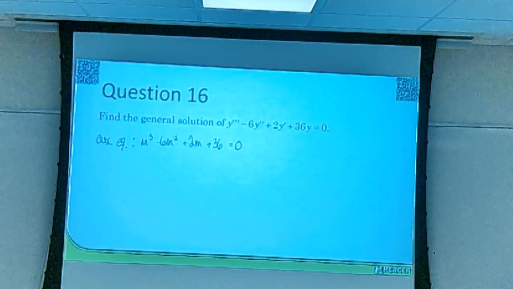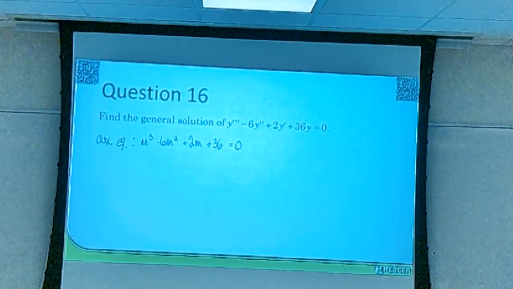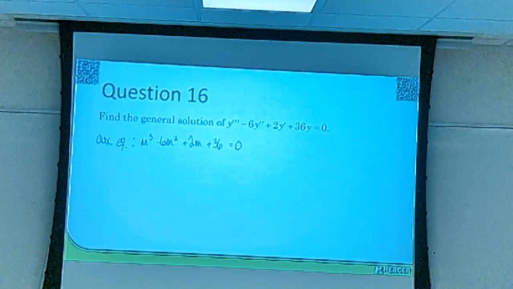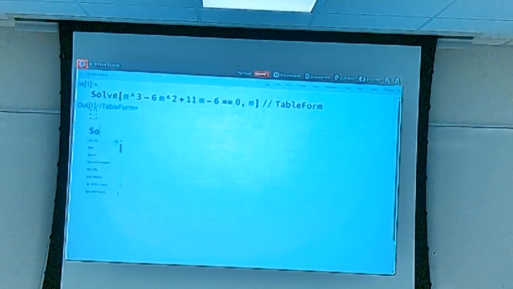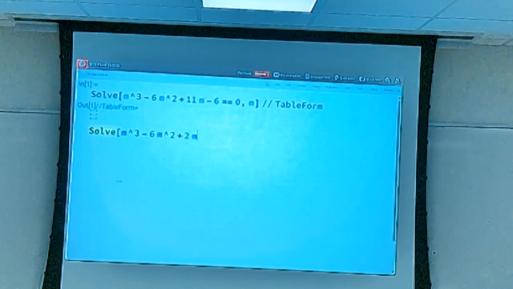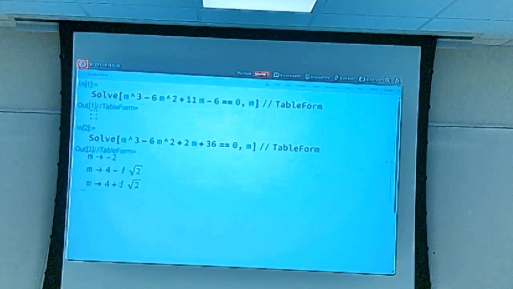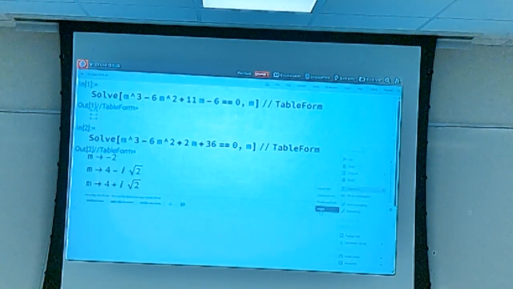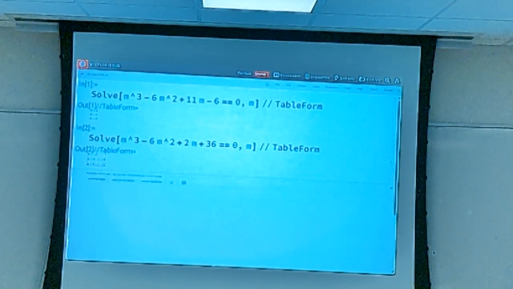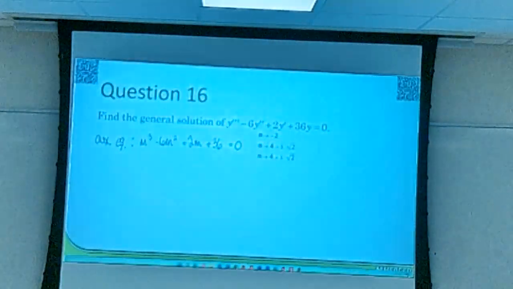No, sadly. So there's 3 solutions to the auxiliary. Should be, right, because it's third order.